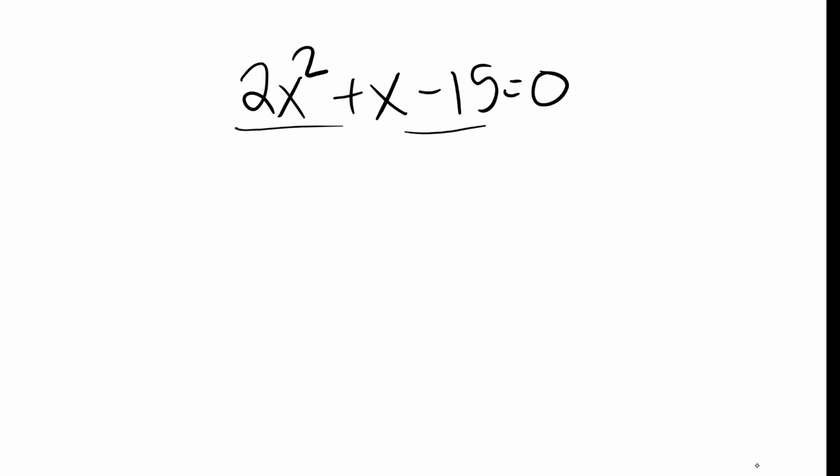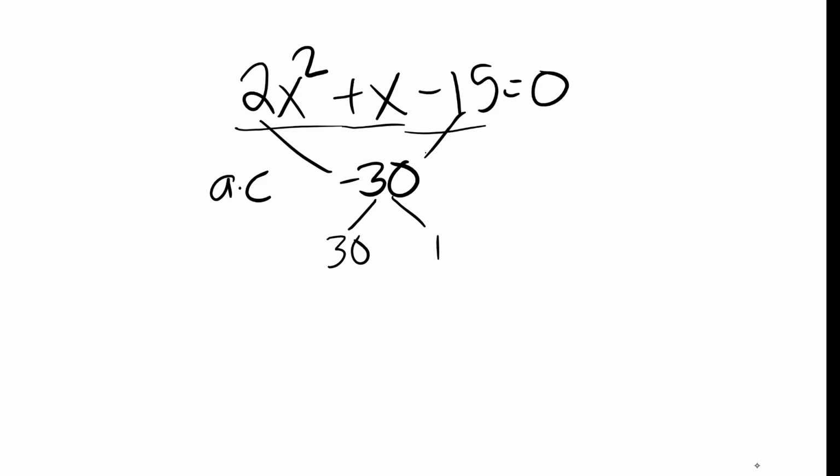All right, so I have to think about what adds to 1 and multiplies to negative 30 for a times c. So again, I'm doing the a times c factoring here. Things that multiply to negative 30 but add to positive 1 are, let's see, 30 and 1. No, definitely not.